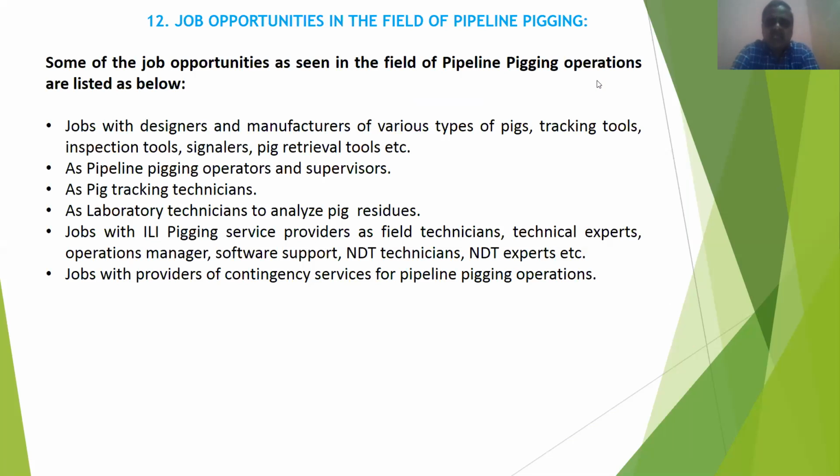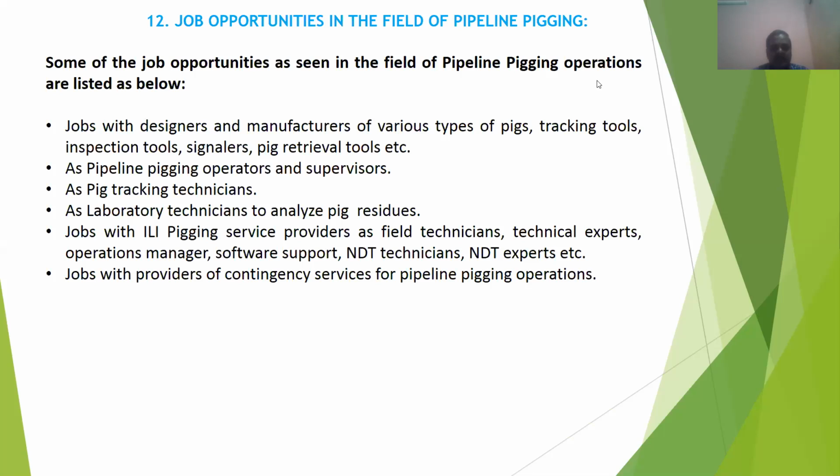Job opportunities in the field of pipeline pigging. Some of the job opportunities seen in the field of pipeline pigging operations are listed below. Jobs with designers and manufacturers of various types of pigs, tracking tools, inspection tools, signalers, pig retrieval tools, etc. As pipeline pigging operators and supervisors, as pig tracking technicians, as laboratory technicians to analyze the pig residues.